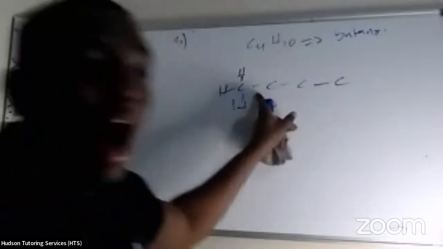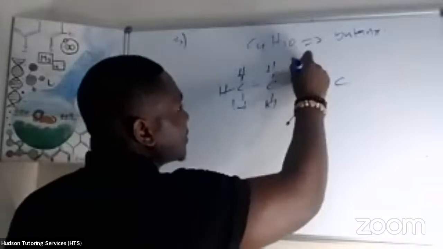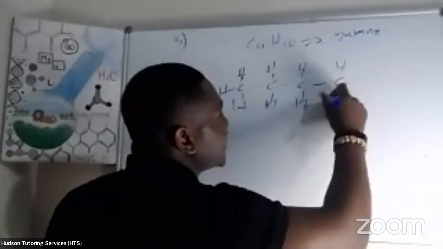Why? Because carbons are tetravalent, meaning they're supposed to have 4 species bonded to them. So this is butane.